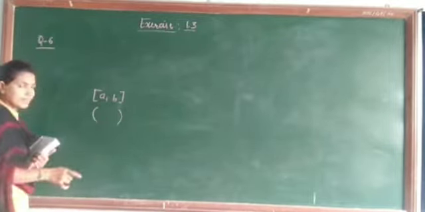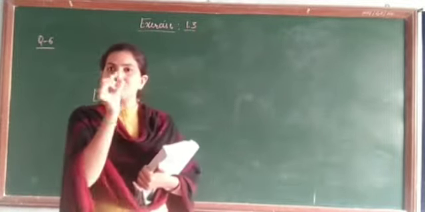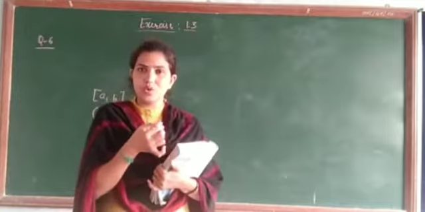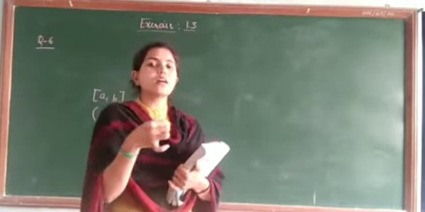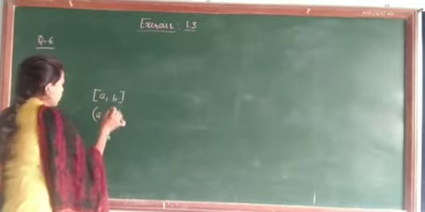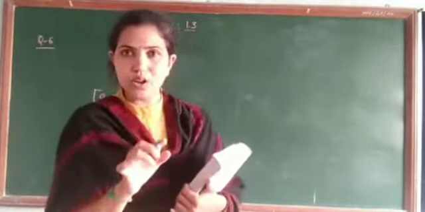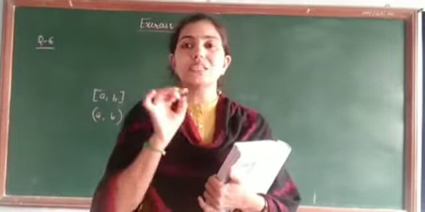The square bracket is known as a closed bracket. Closed means A and B are included in the set, whereas open means A and B are not included. So open means that number is not included. Closed means the number is included.